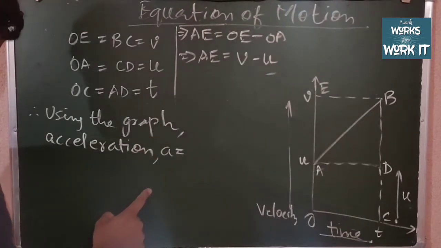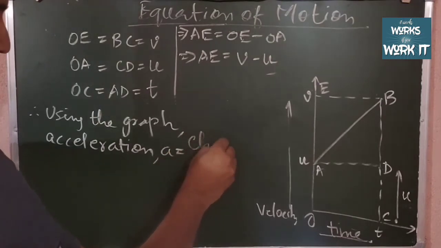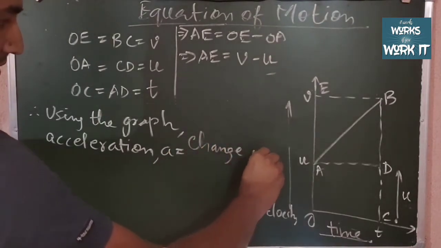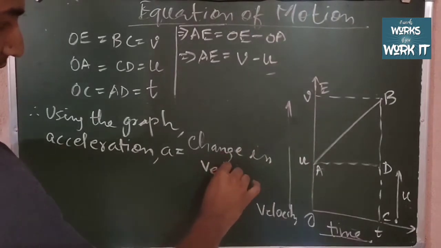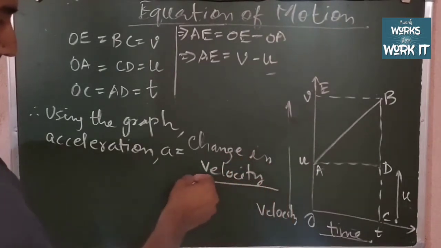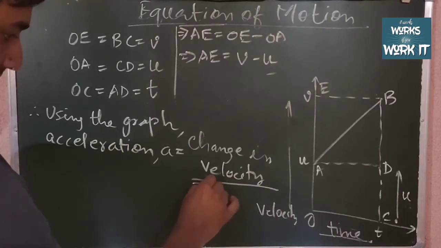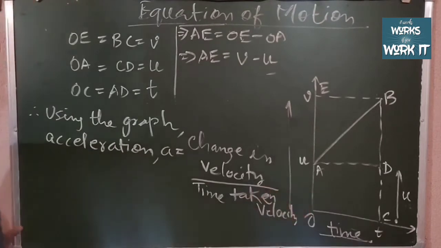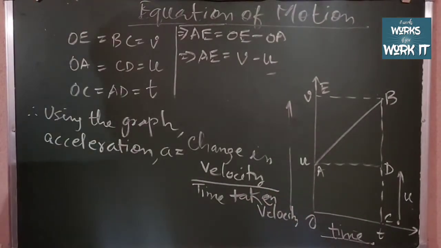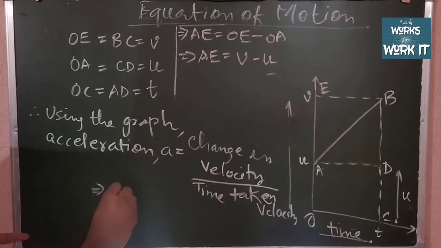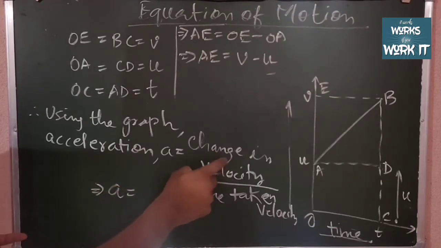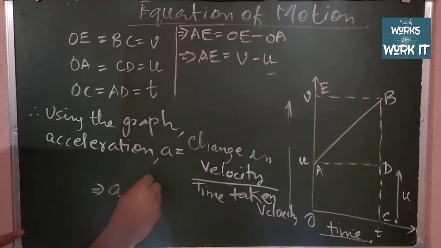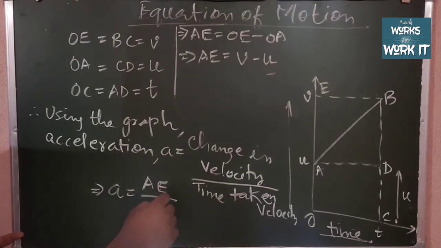That is change in velocity divided by the time taken. This is the formula we got earlier during the definition of acceleration, and now we will put the values here. Acceleration is equal to change in velocity, that is AE, and time taken is OC.